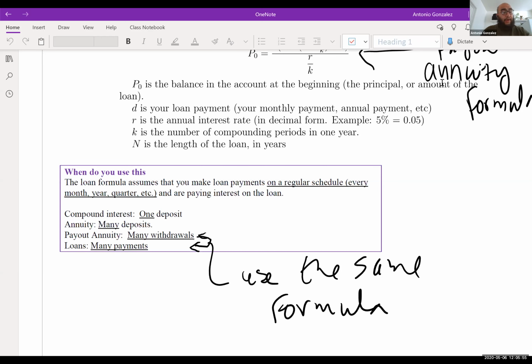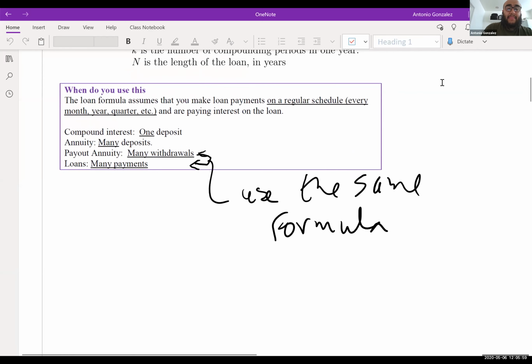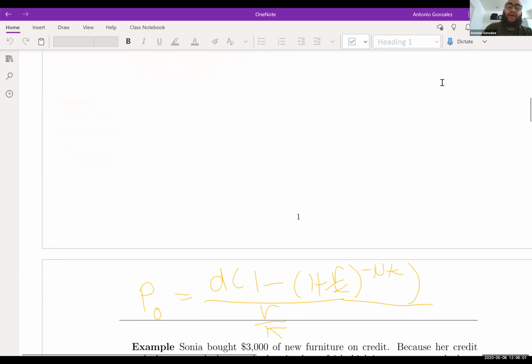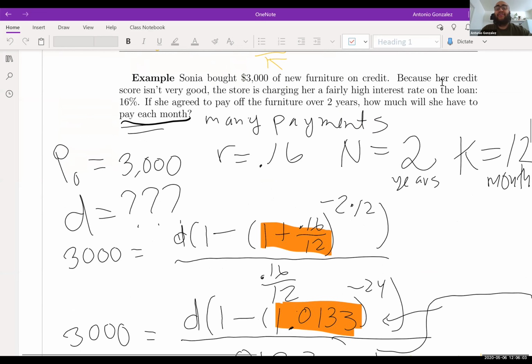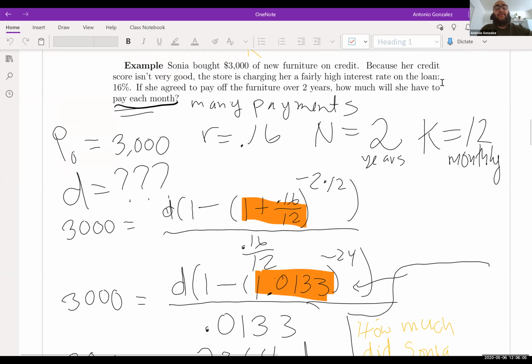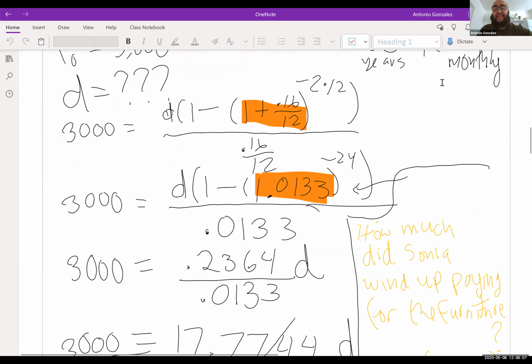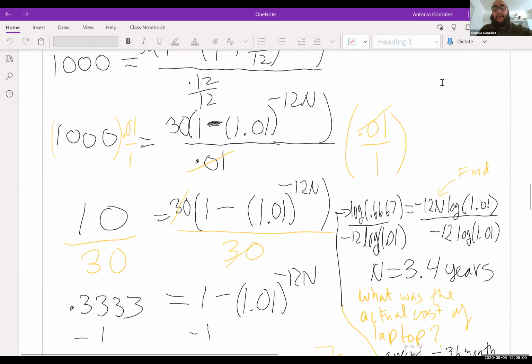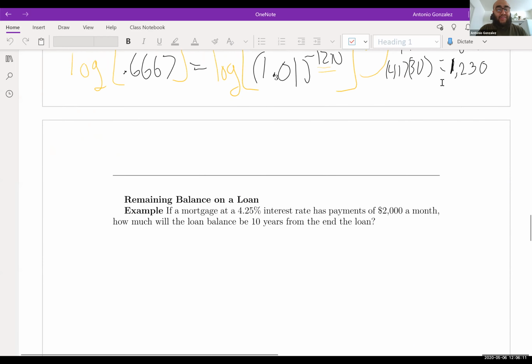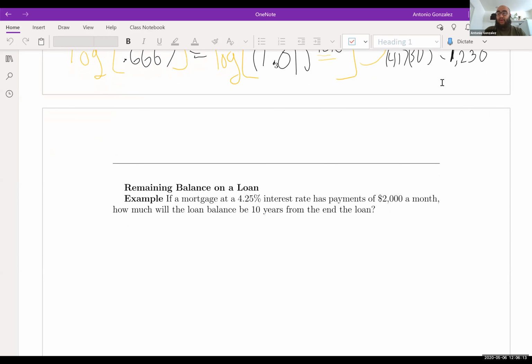Now, what we are going to cover today, the last part of this loan section, is trying to figure out how much money is left on the loan, in other words, the remaining balance on a loan.